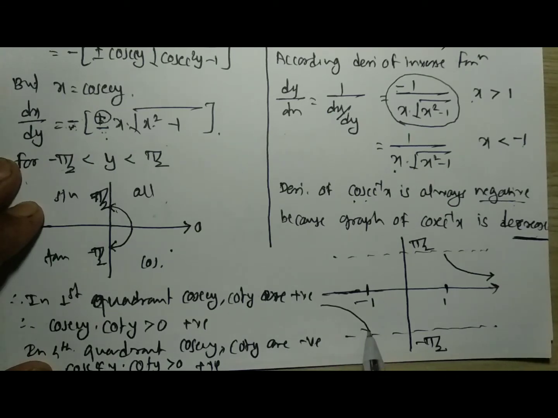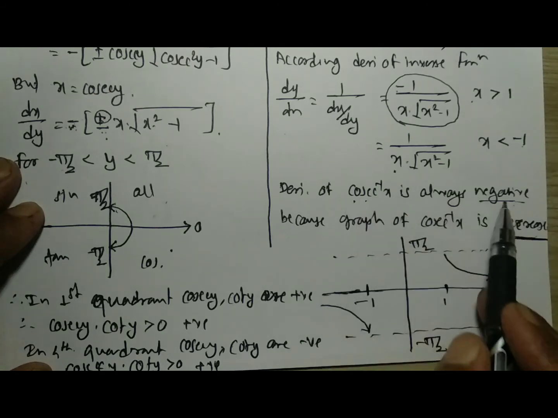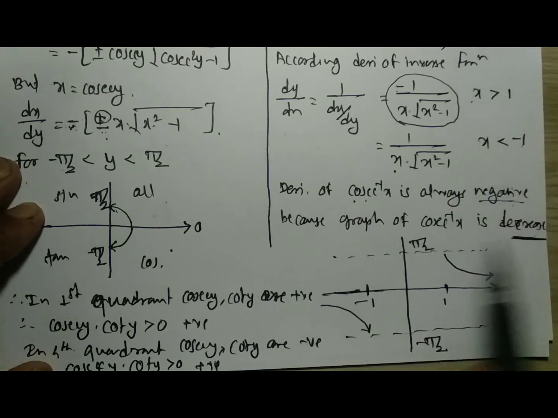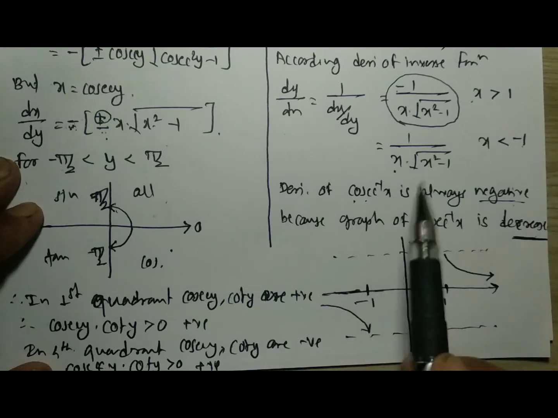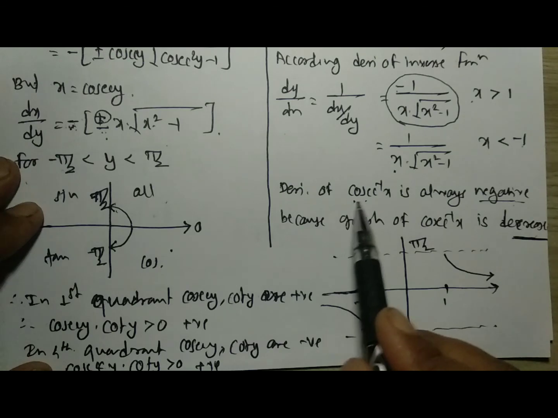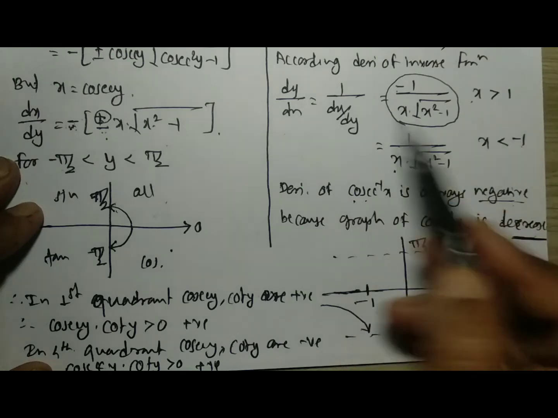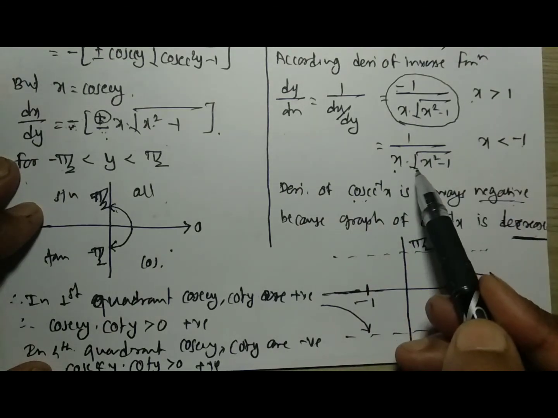Therefore cosec inverse x has a decreasing graph, and the derivative of cosec inverse x is taken as negative, not positive.